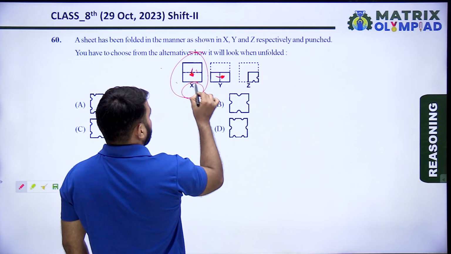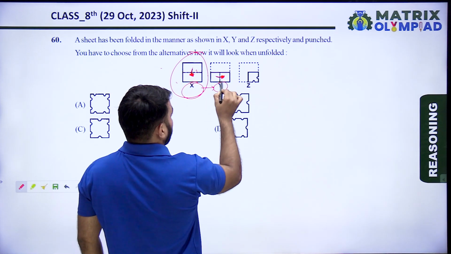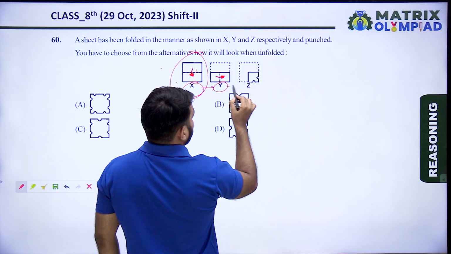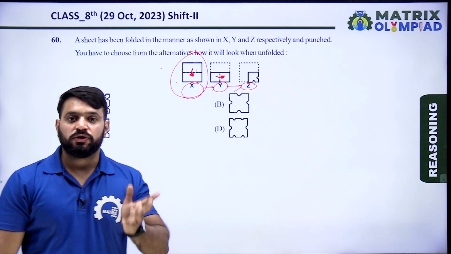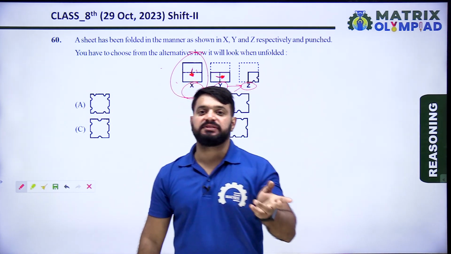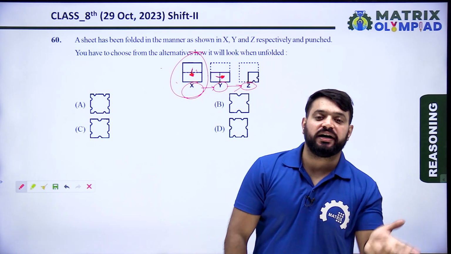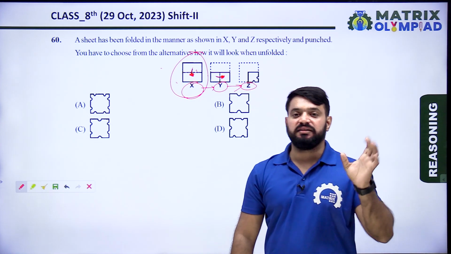So first we folded X, then we got Y. Now we folded Y, then we got Z. Now unfold the paper. Unfold the paper in the same sequence in which it was folded and find the mirror image in each case.